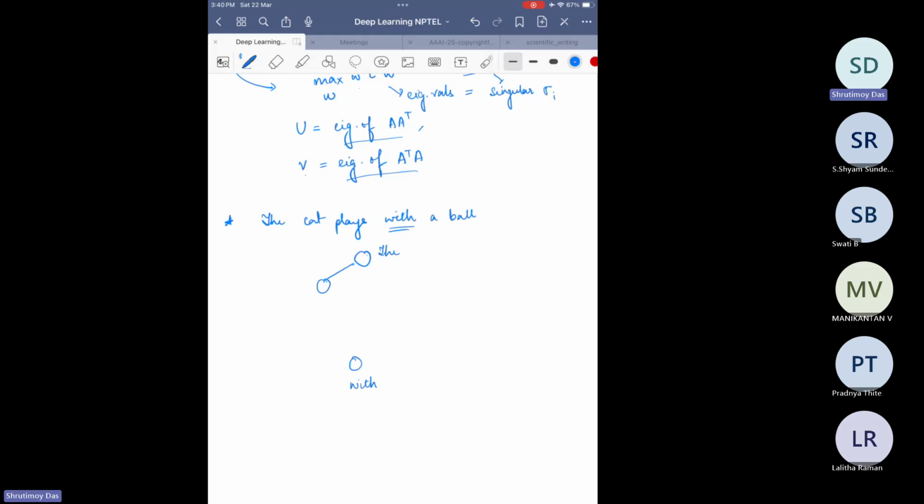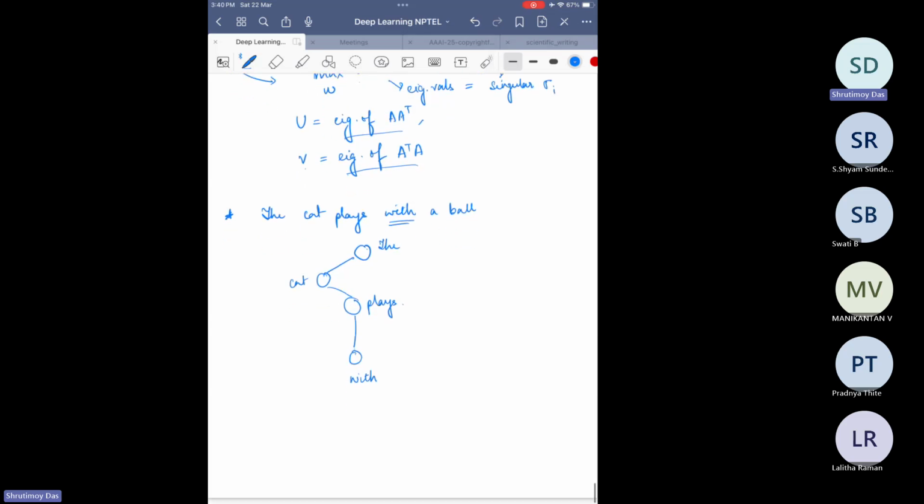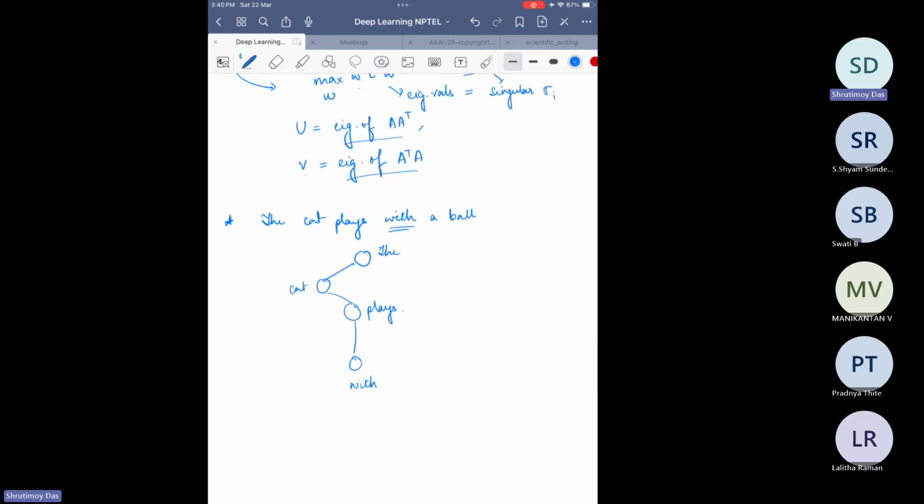From "the", it will go to "cat", then it will go to "plays", and then it will come to this. So here you still need to look at all of the words that you have to make the decisions.